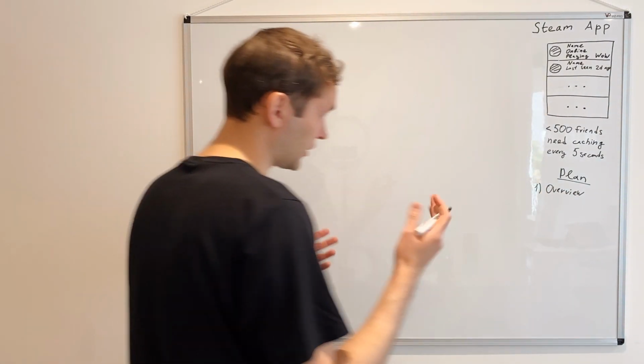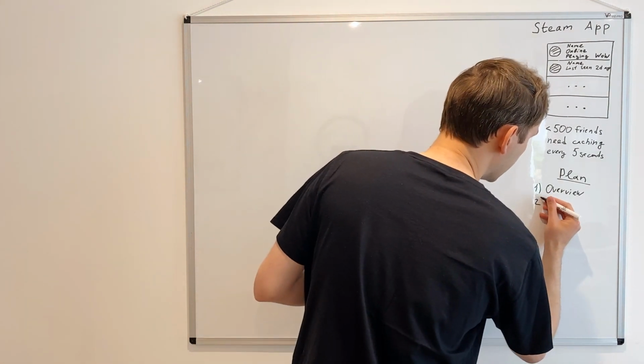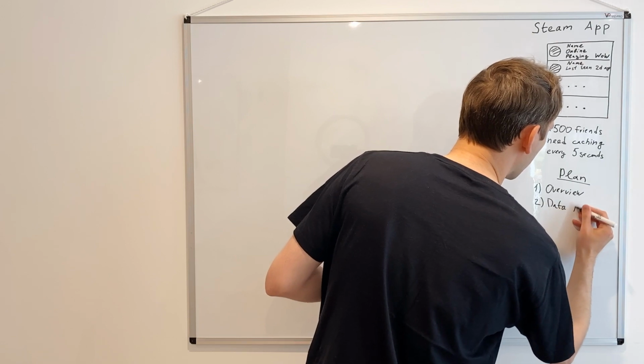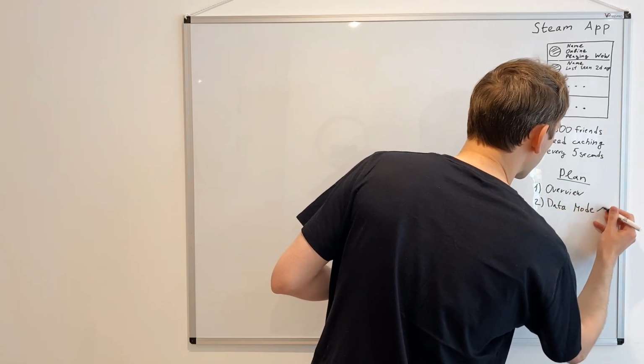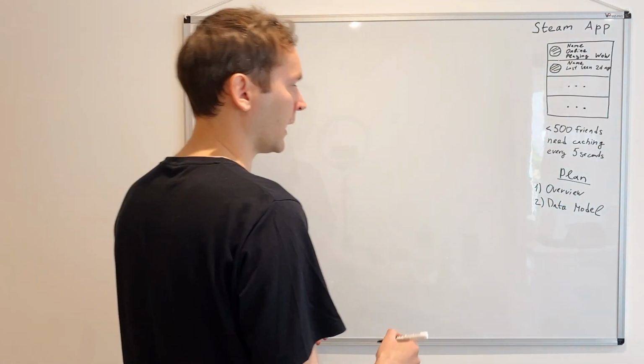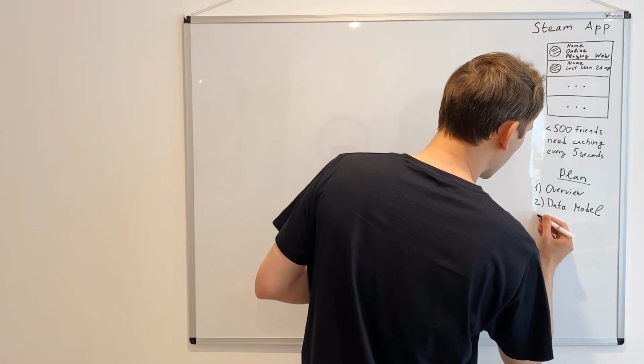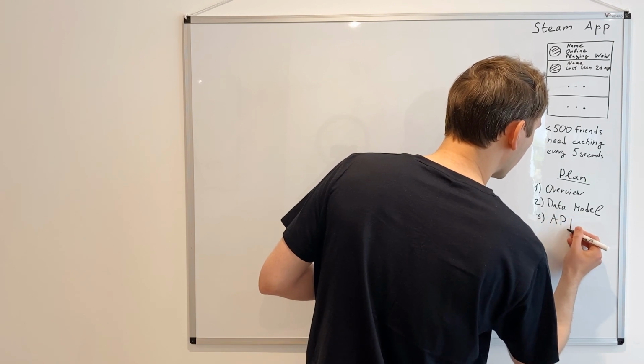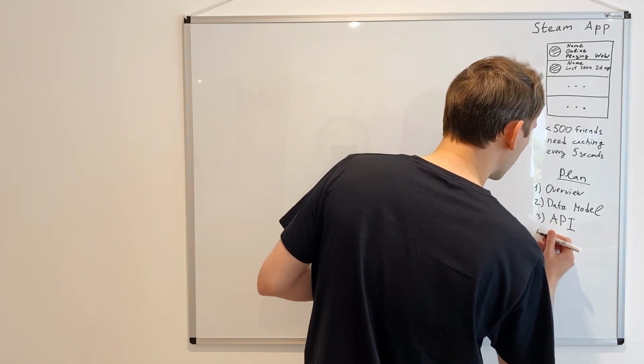Second thing that potentially is interesting is the data model. So here we'll be talking about the entities that we're going to use in our architecture. Third thing is the API. So we need to talk about API.